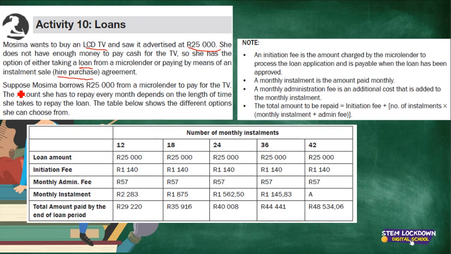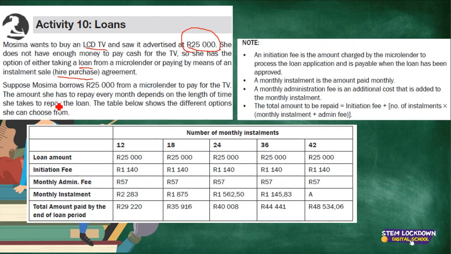Now we are told that suppose Mosina borrows 25,000. Obviously, she borrows all of the 25,000. She doesn't have anything saved, so she borrows 25,000 from a microlender to pay for the TV.